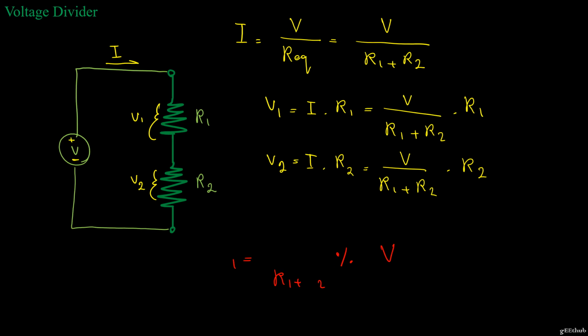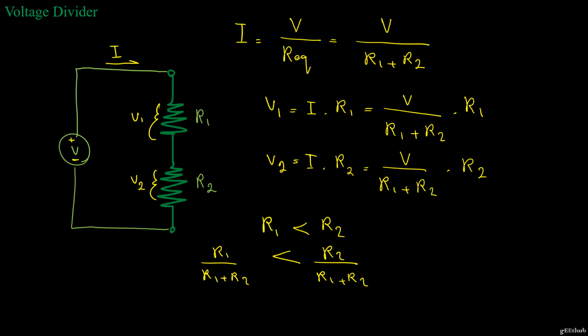So for example, if my R1 was smaller than my R2, then R1 over R1 plus R2 would be smaller than R2 over R1 plus R2. And in conclusion, my V1 would be smaller than V2. So this is the main point for series circuits: bigger resistors occupy or consume most of the potential.